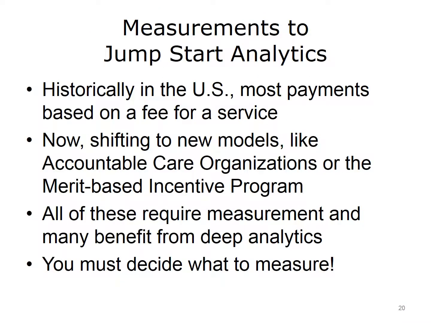We haven't had the ability or drive to focus on analytics in the United States before, in part because we couldn't measure or change care effectively. Now, programs like accountable care organizations benefit from predicting what treatments are best for which patients, and which may not be helpful or useful. To be effective, one must measure what will be analyzed carefully.